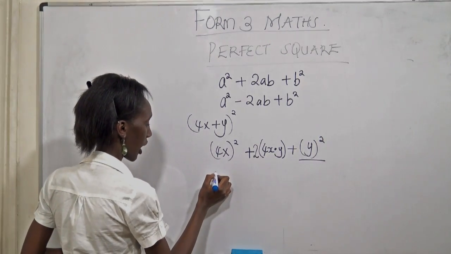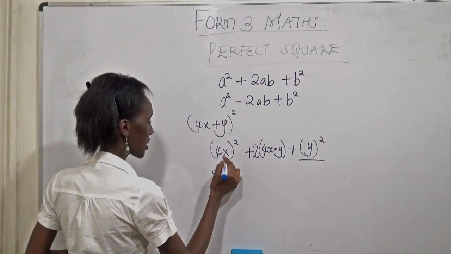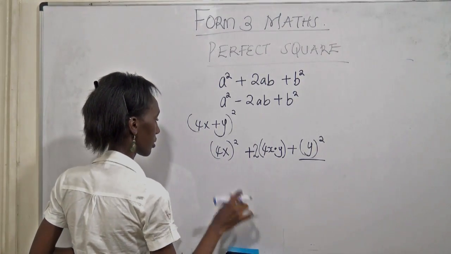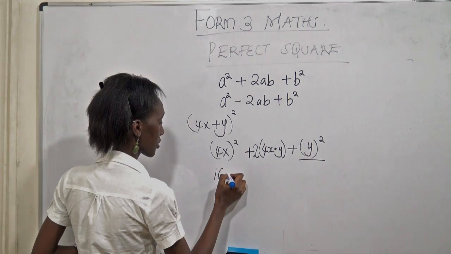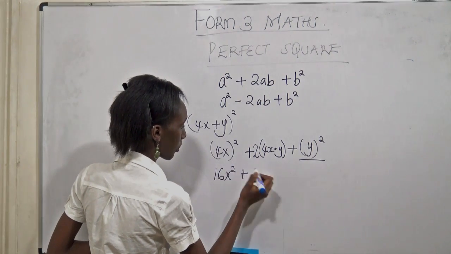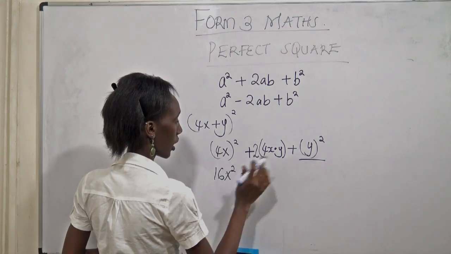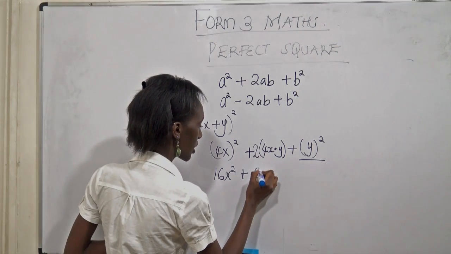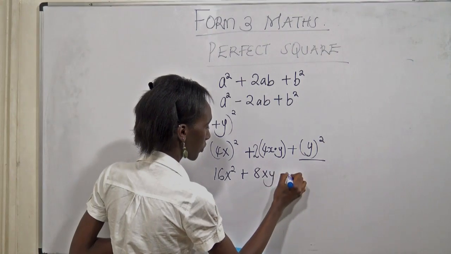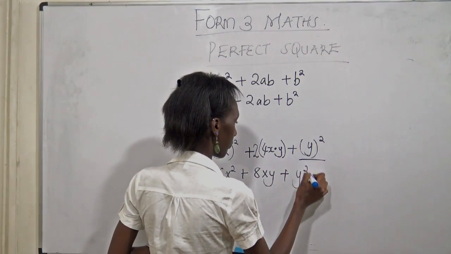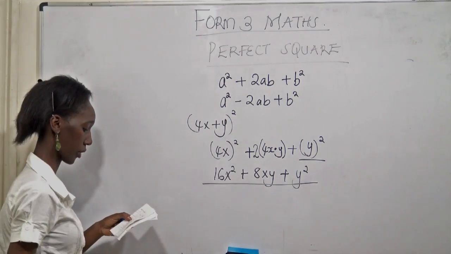So here I'm going to have 4 squared is 16x squared, then plus 4x times y will give you 4xy, double it up, it's going to be 8xy. Then the final one is going to be y squared. So this is your final answer.